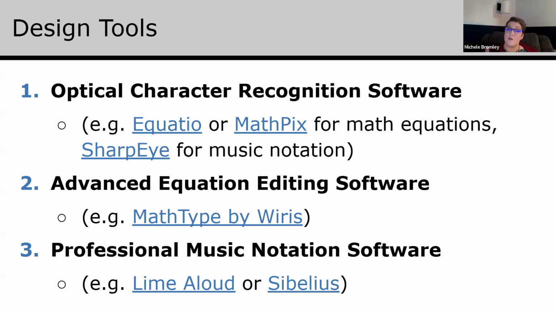Advanced equation editing software like MathType by Wiris, or apparently maybe now the Microsoft equation editor, if it can export to MathML. And professional music notation software like LimeAloud or Sibelius.